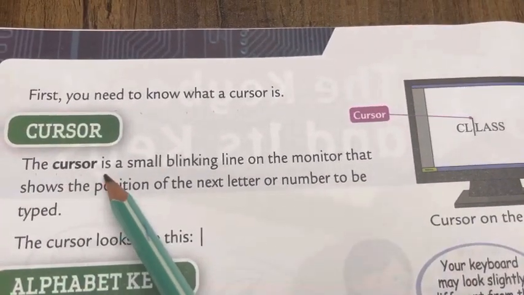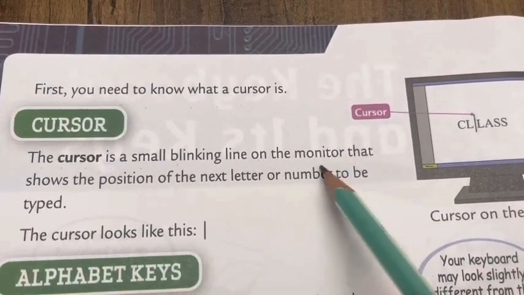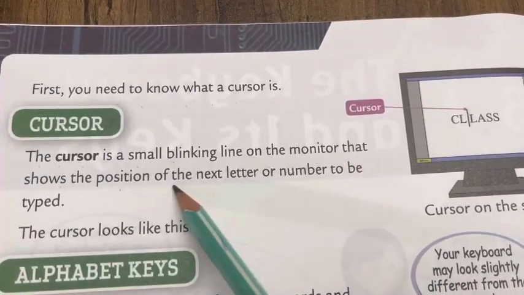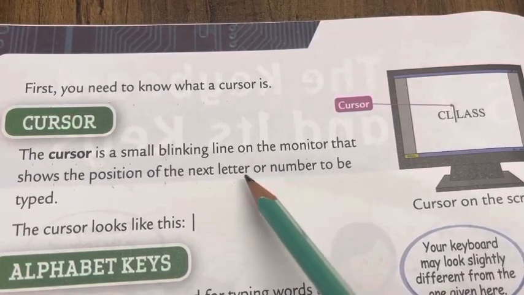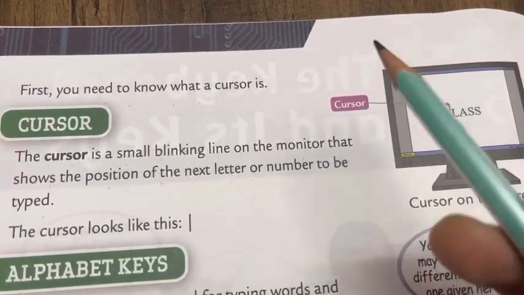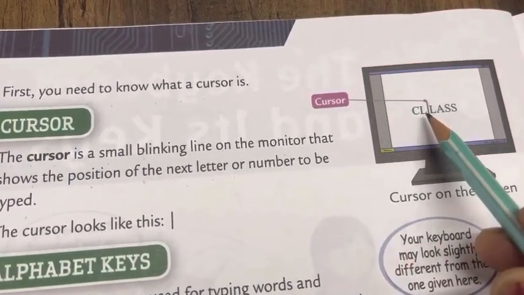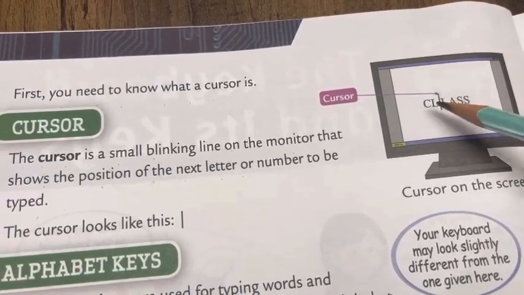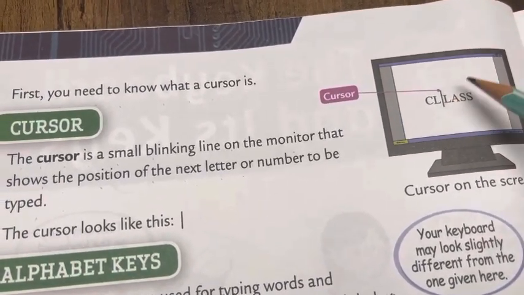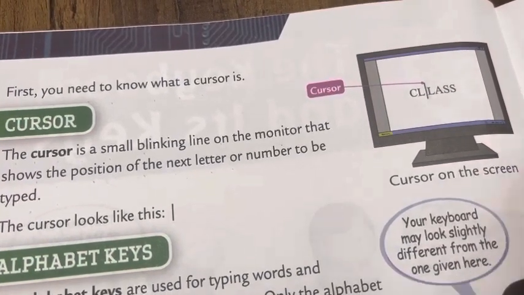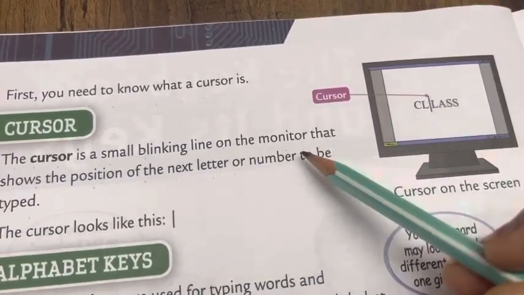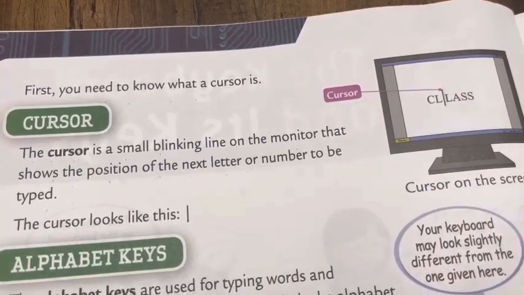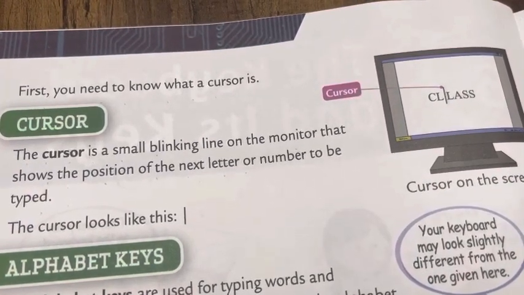The cursor is a small blinking line on the monitor that shows the position of the next letter or number to be typed. It always keeps blinking on the screen of the monitor, and it shows the position of the next letter.